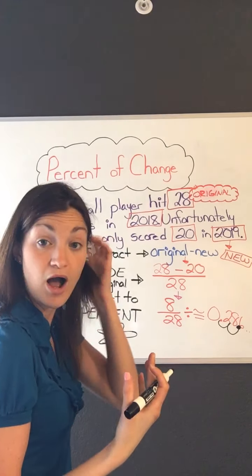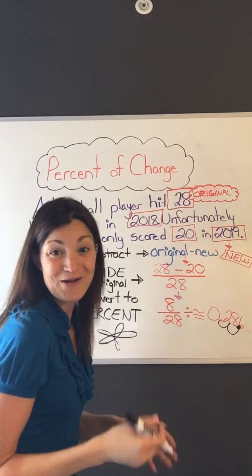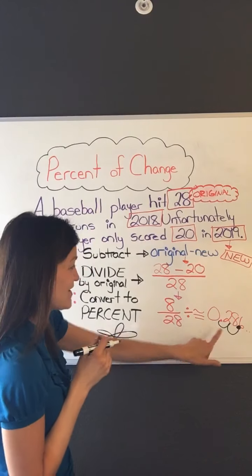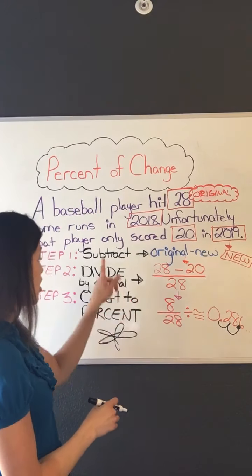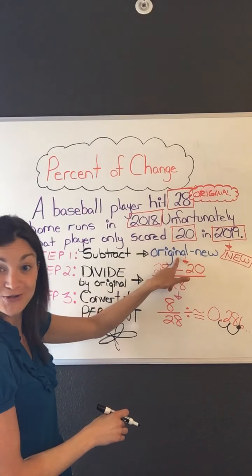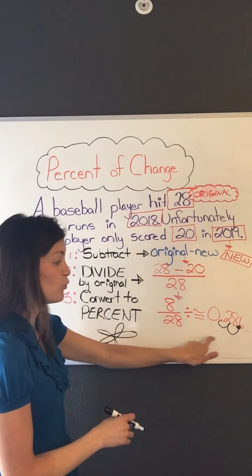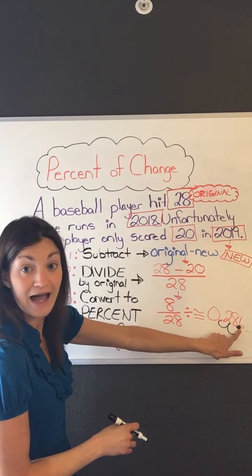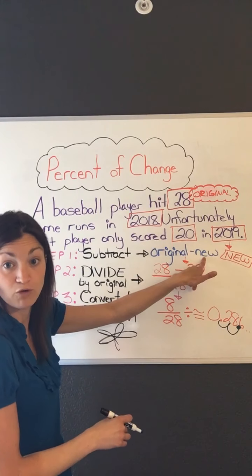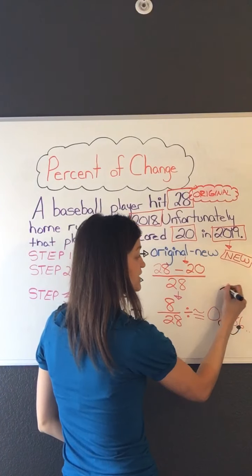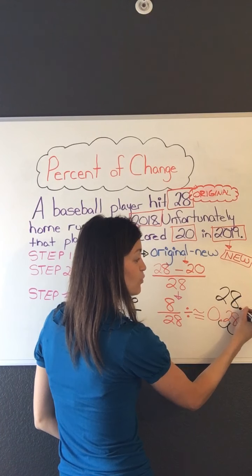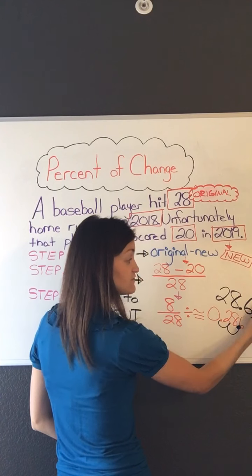The new decimal point. So if I kind of do a little interruption right here, the same way that this was your original decimal point, we now moved it, and this black one is now your new decimal point, okay? So that's one way to do it, giving you an answer of 28.6% of change.